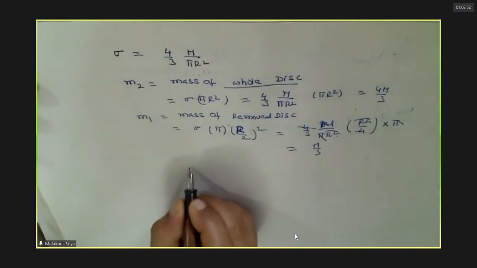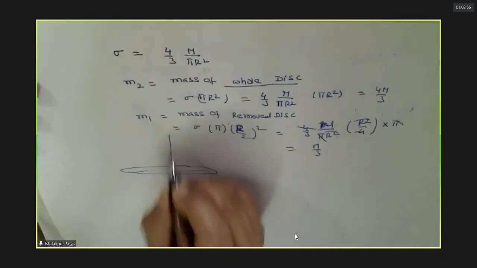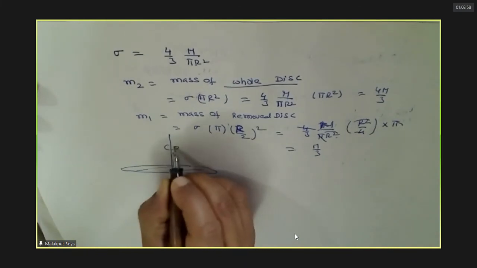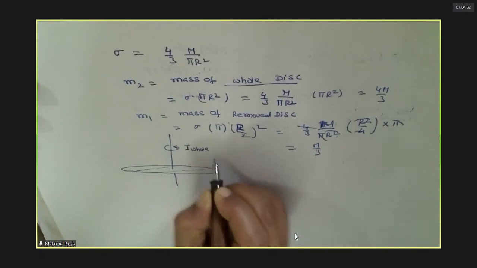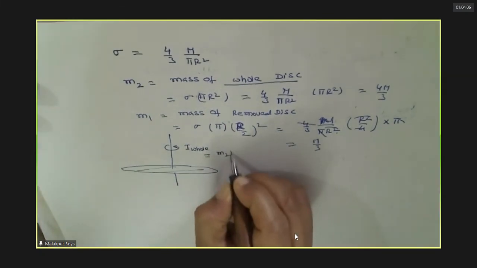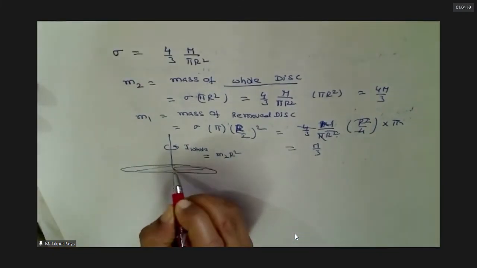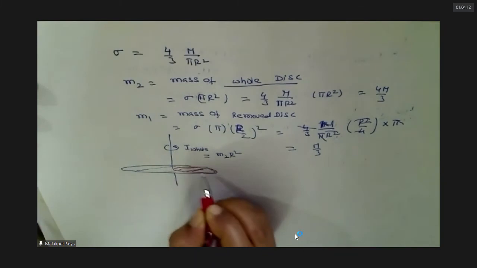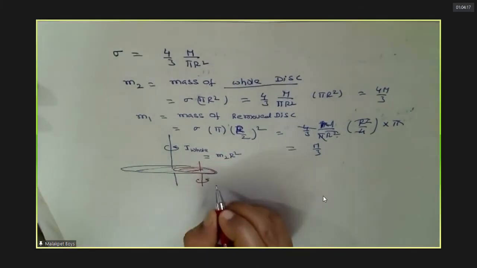Now this whole disk about this axis, what do you have here? M2 R square. Now about this axis, how much do you have?